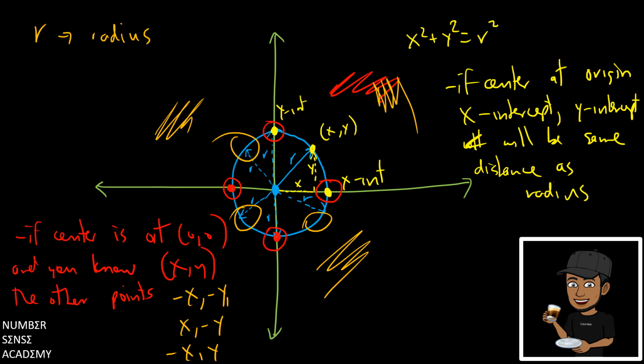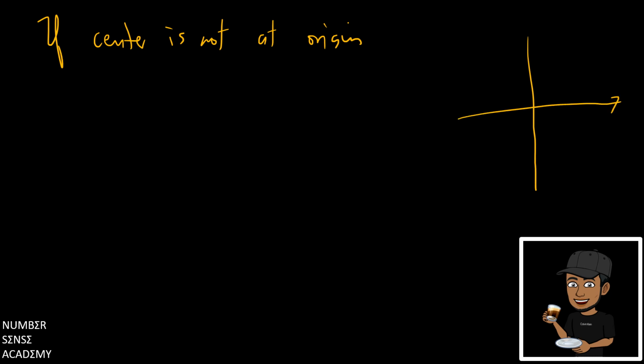So I just want to leave one more note about h and k if I wasn't specific. So if the center is not at the origin, and I said this at the beginning, but I'll just reiterate it.